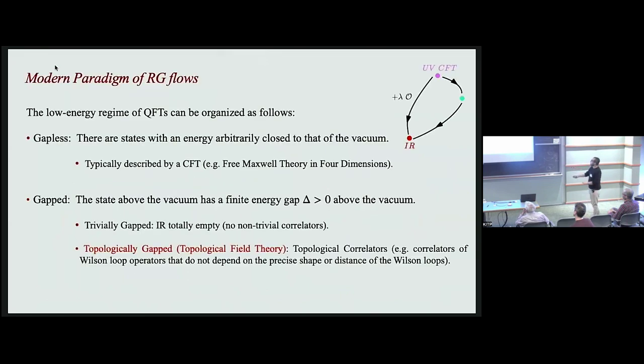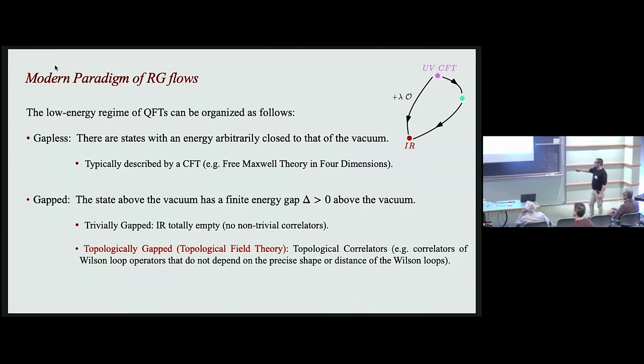Okay, so first, let me remind you that in the modern paradigm of renormalization group flows, we start with a UV CFT and we flow to an infrared. The theory in the infrared can be gapless, described by a CFT, like Maxwell in 4 dimensions. Or it can be gapped. In the case that it is gapped, we furthermore want to distinguish between two cases. One where the theory is trivially gapped, meaning that the infrared is totally empty: we have a single ground state, nothing too interesting going on.